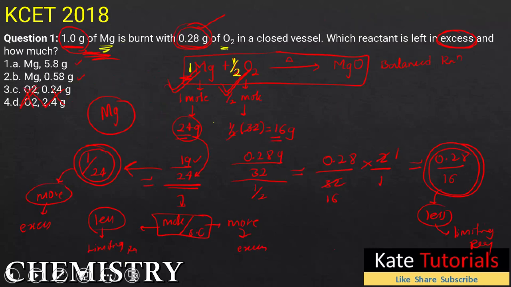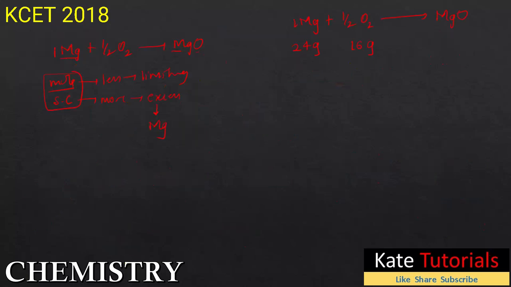But let me take only 0.28 gram of oxygen. How much magnesium does 0.28 gram of oxygen need? That we have to calculate.